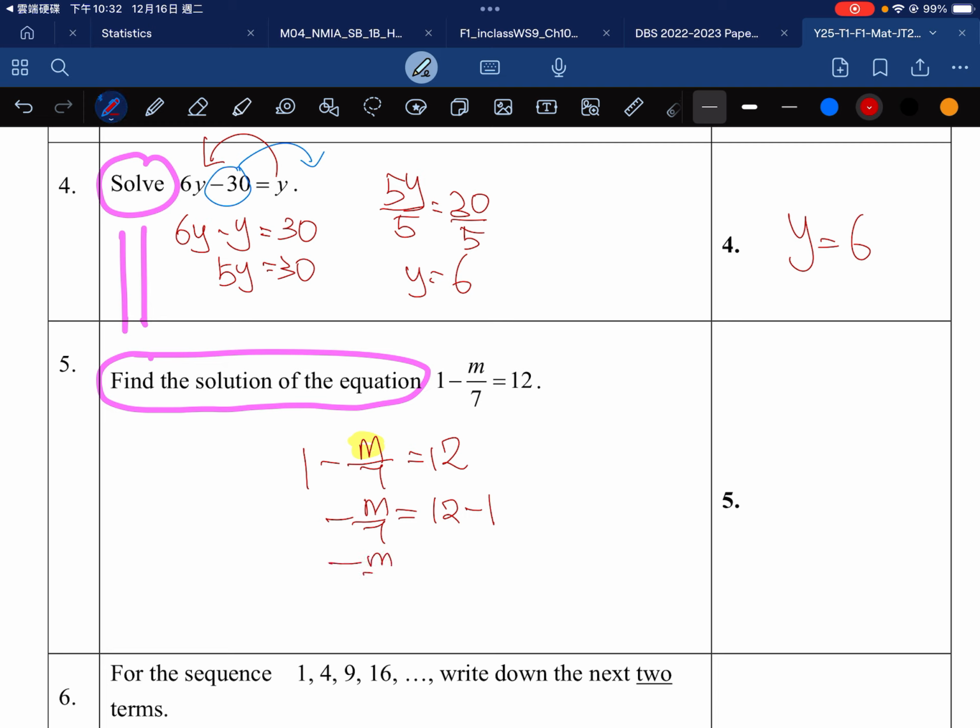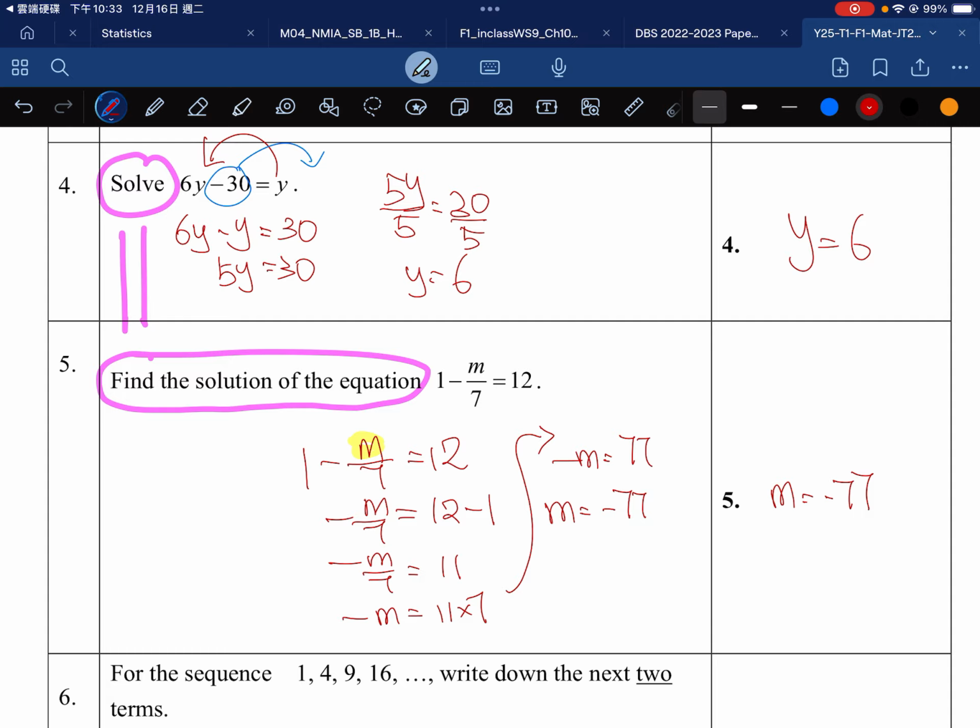So minus m equals 11. Minus m equals 11, we multiply both sides by 7. So minus m is 77, and m is negative 77. That is the answer for question 5.